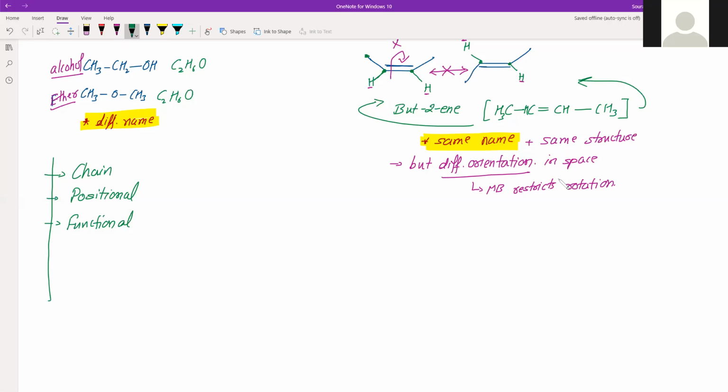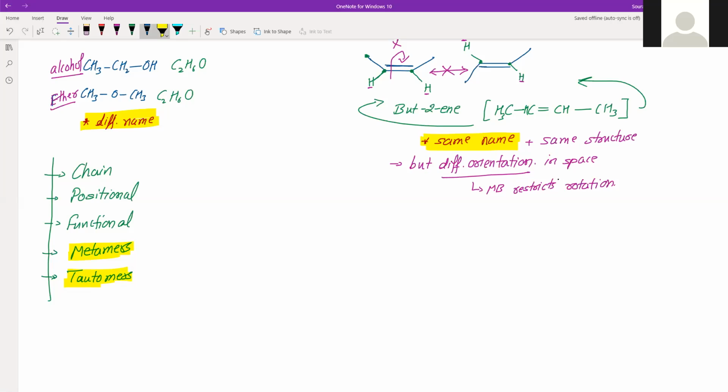And then we have two more types which are a little tricky, called metamers and tautomers. I think the first three are easy. These are a little tricky, that is metamers and tautomers.